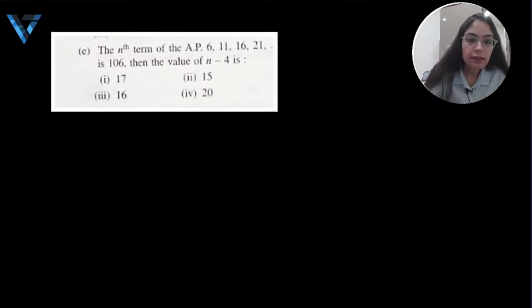Well, let's do the last MCQ. The nth term of an AP is 6, 11, 16, 21. One AP is given to us and its nth term, that means AN is equal to 106. Then we have to find the value of n minus 4. So what is the value of A and D?